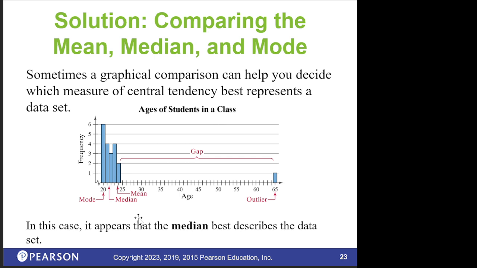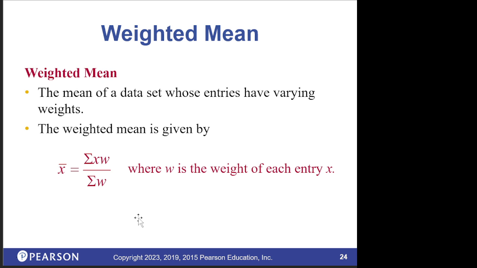Another way that we can see means is a weighted mean, and a weighted mean gets a specific formula. Again, we're going to go back and forth with our technology on this. What it says is that we have the sum of each x value times its weight, divided by the total of all the weights.